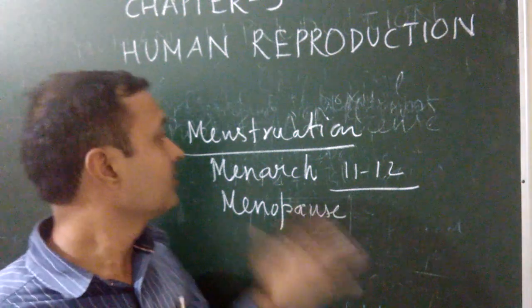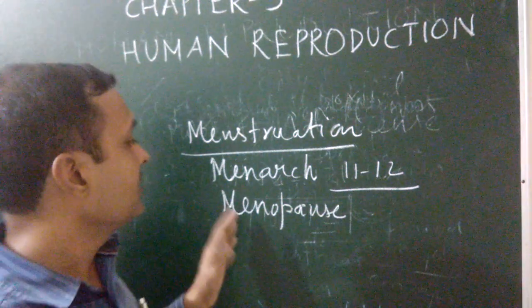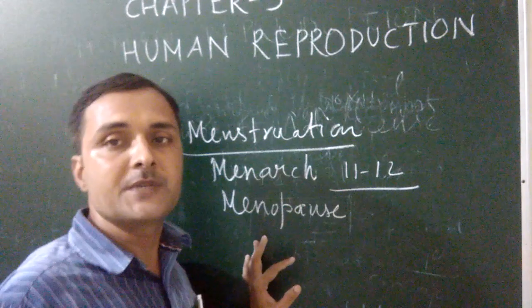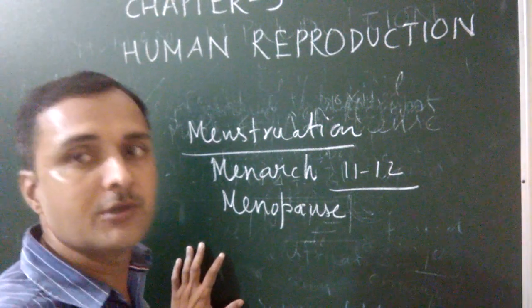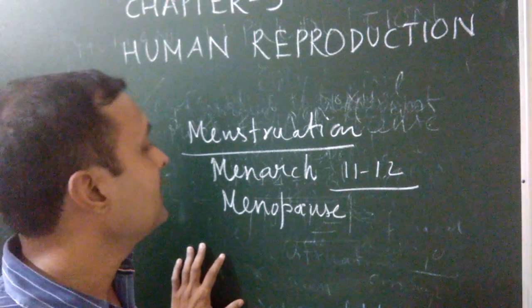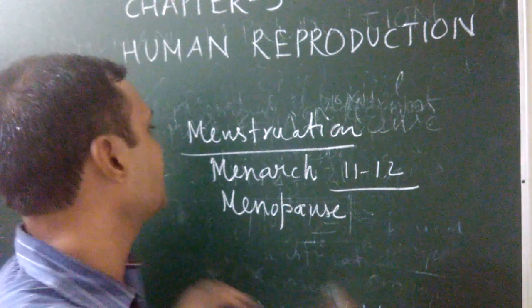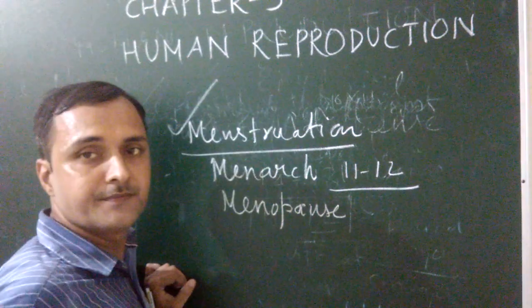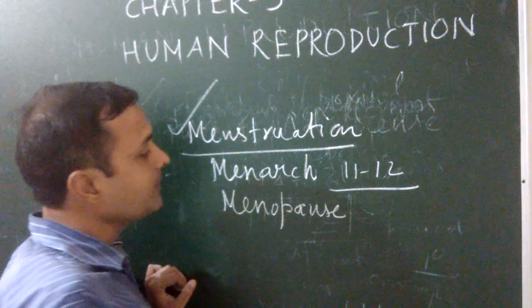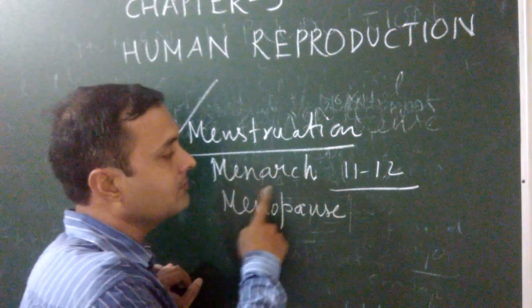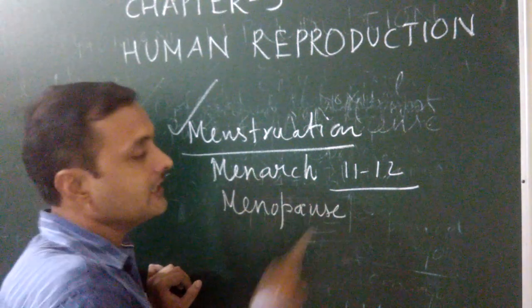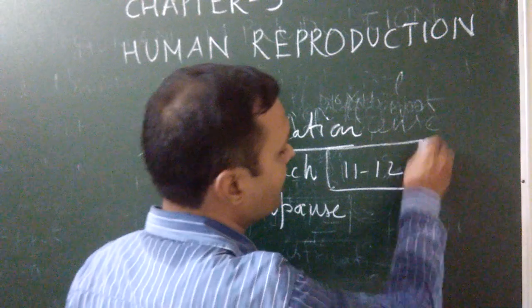Once again, what is menstruation? In absence of fertilization, the wall of the uterus ruptures. As a result, the unfertilized egg and blood come out through the vagina. This process is known as menstruation. And the starting phase of menstruation in human females is known as menarche. It takes place at the age of 11 to 12.